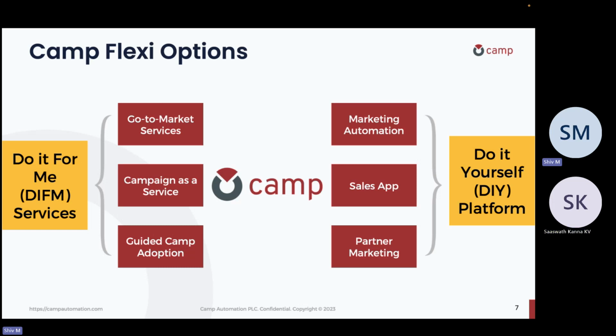So apart from giving a DIY platform, we also give DIFM services, which is do it for me services, where we will put in the campaign managers, designers, and content writers and set up this entire automation for you for, say, 1 or 2 quarters, say 6 months. We work on your behalf, set up all these flows, and then hand it over to the company.